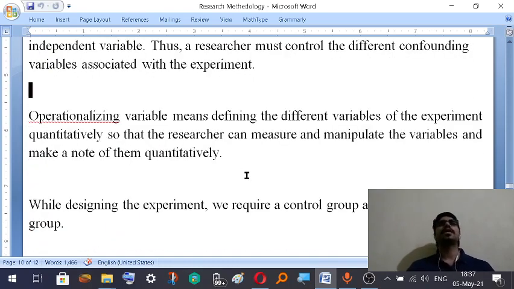The next important thing is operationalizing the variable. What does operationalizing variable means? Sometimes when we are doing an experiment, we have to define our terms. For example, suppose you want to measure the growth of an organism.